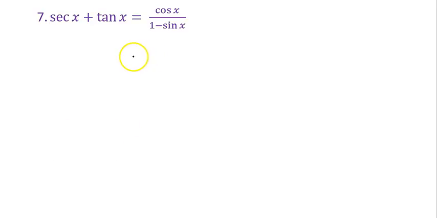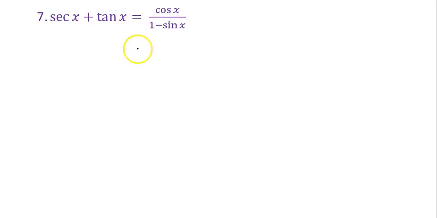Okay, for our last example, again, both sides are kind of messy looking. And normally I would start on the left. I'm going to start on the right just to show you that you can work these things on the right as well. It's just a lot of them have ended up on the left.